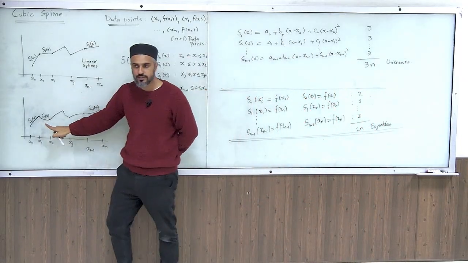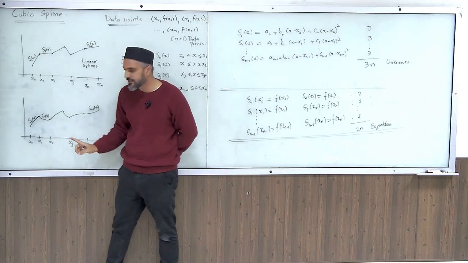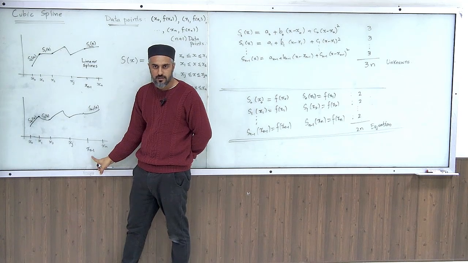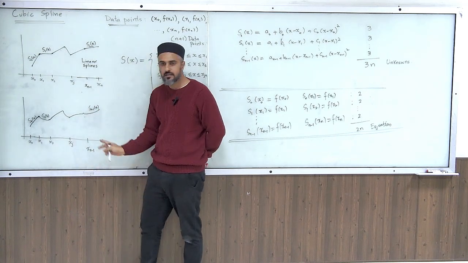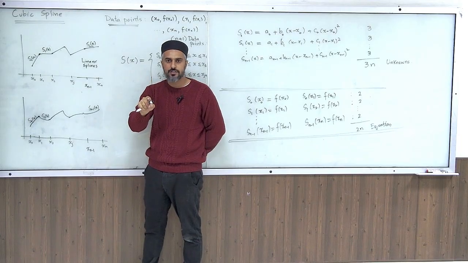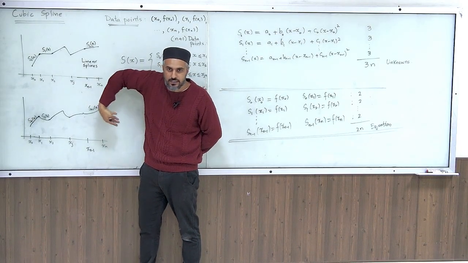We're talking about the differentiability at the interior points. What are the interior points? x1 to xn minus 1. x0 and xn are the endpoints.